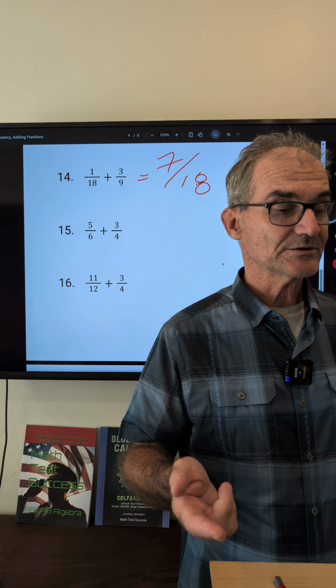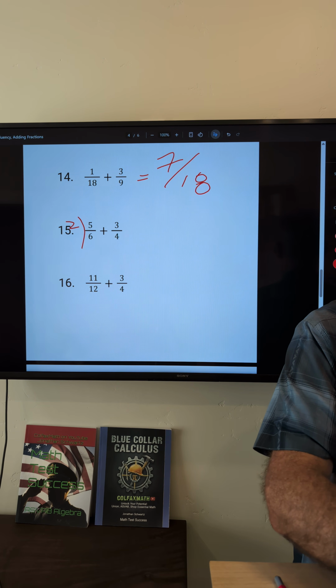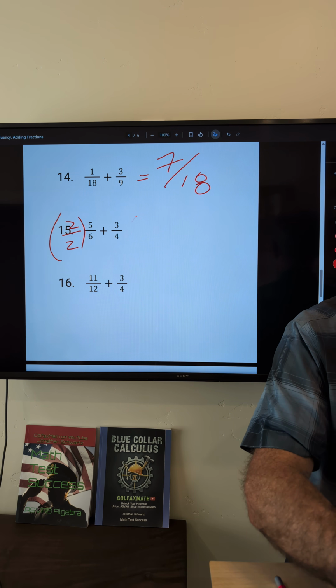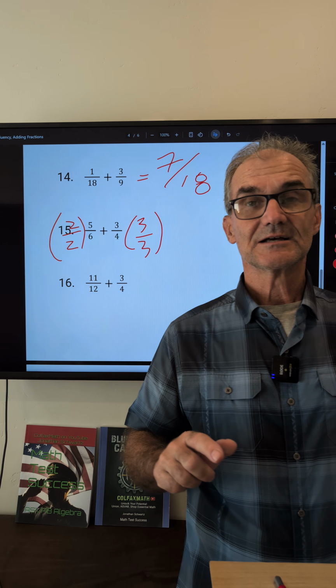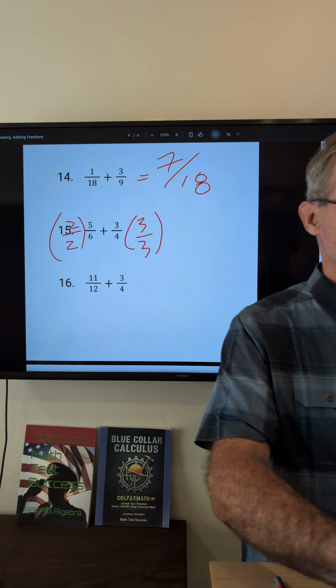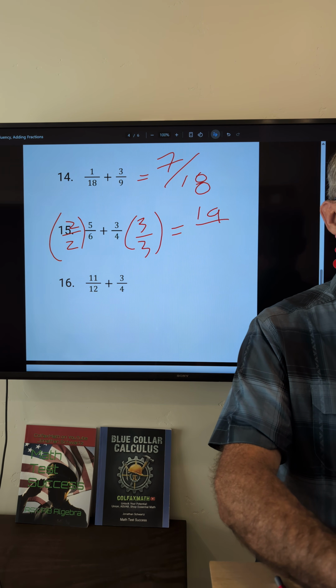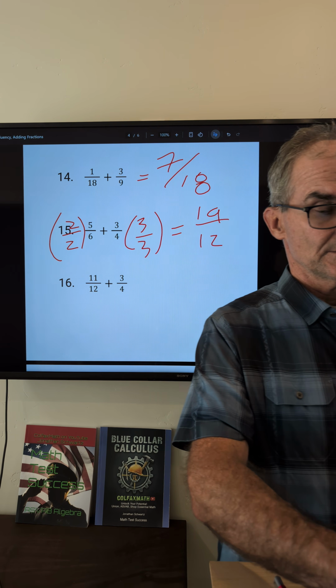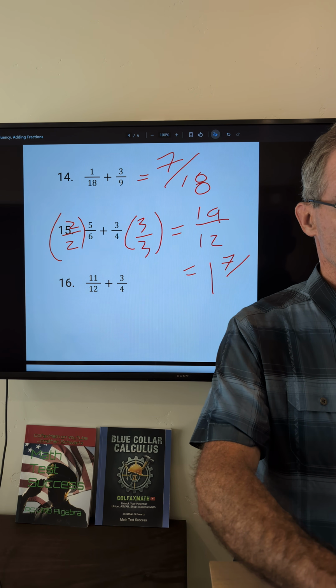5/6 plus 3/4, common denominator is 12. I'm going to multiply this by 2/2. Multiply this by 3/3. That is going to give me 10 plus 9. 10 plus 9 is 19 over that common denominator of 12. 12 goes into 19 one time with 7 left over.